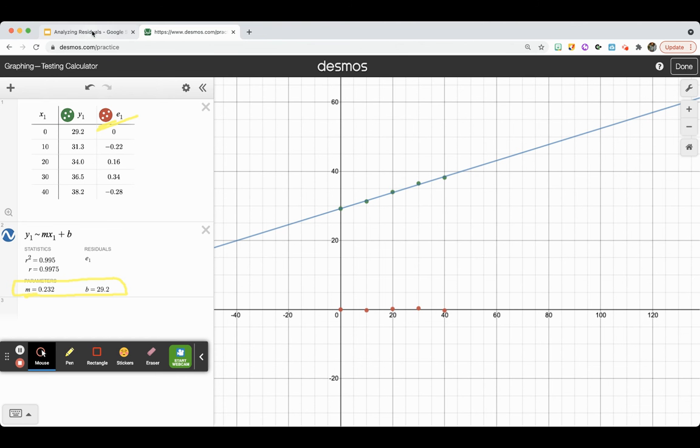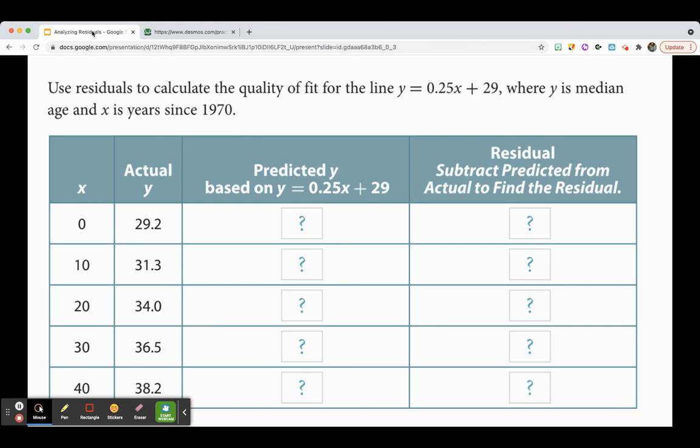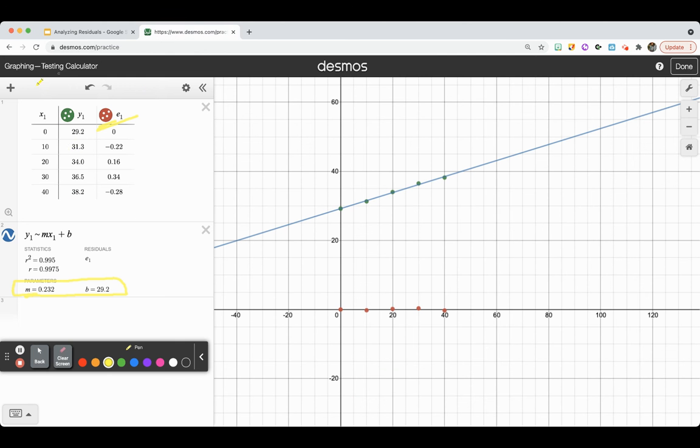The line they're using right here says 0.25x plus 29. The line the calculator gave us was 0.23, and the y-intercept was 29.2. So we are not going to use the residuals the calculator gave us. I just wanted you to know that's where it was.